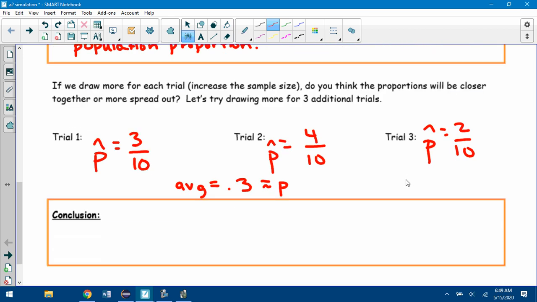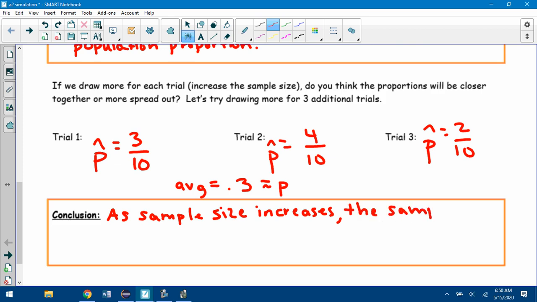So conclusion here is, as sample size increases, the sampling variability in the sample proportions decreases.